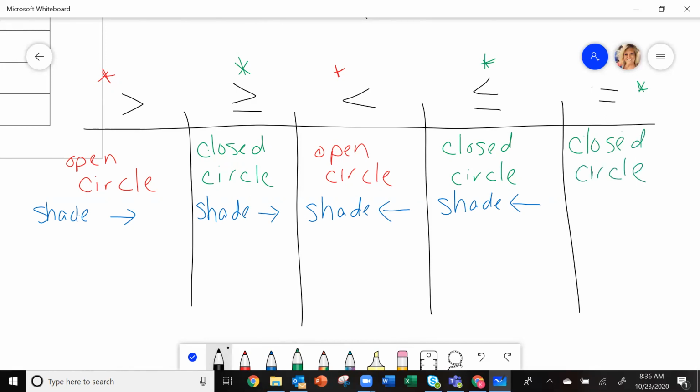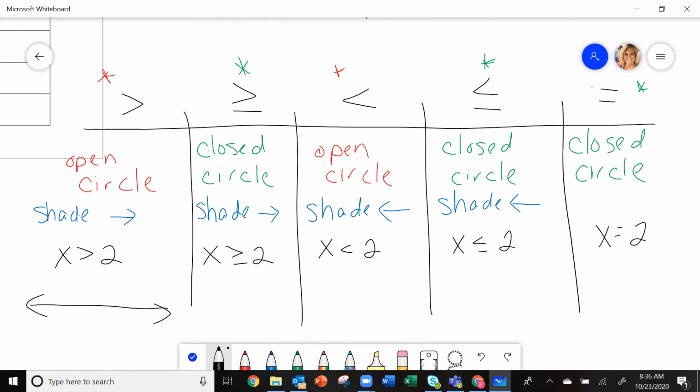So I'll make my examples here. So you can write those down, and then this number line. I'll give you a second to write that down as I'm trying to get these written down.